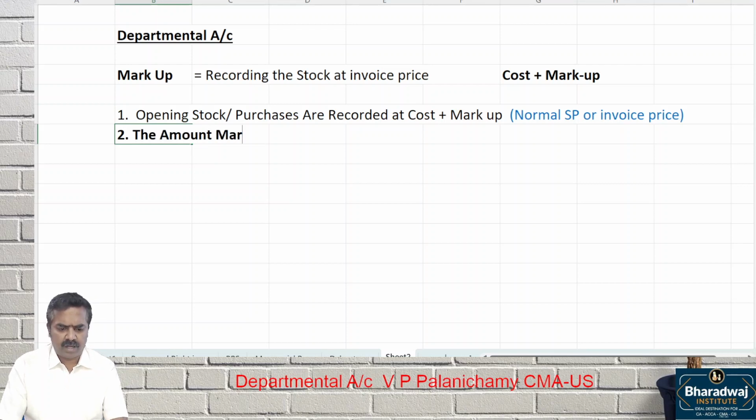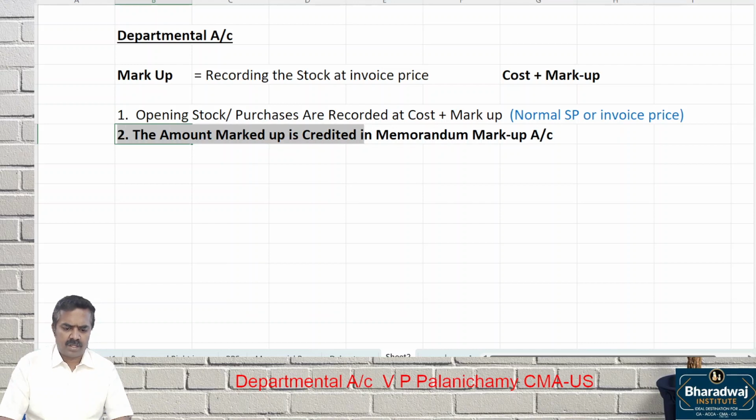The amount marked up is recorded in, or credited in, which account? Memorandum markup account.